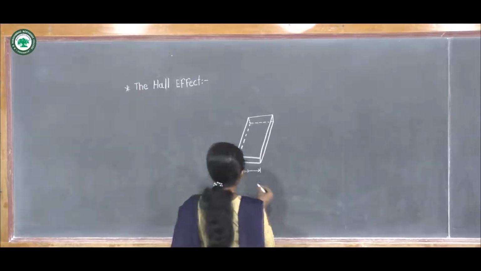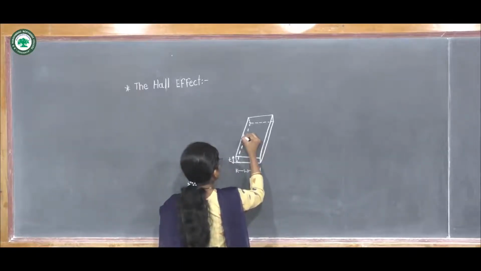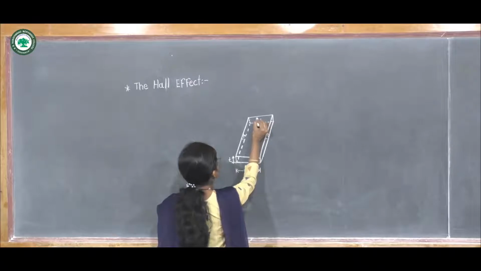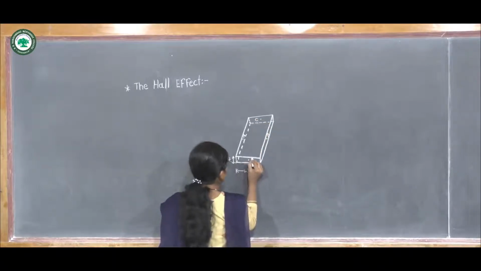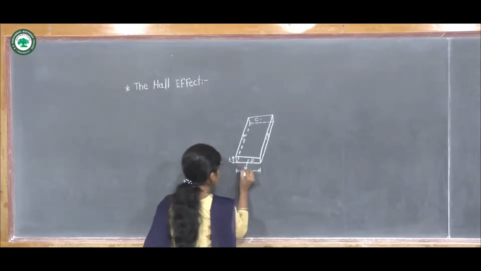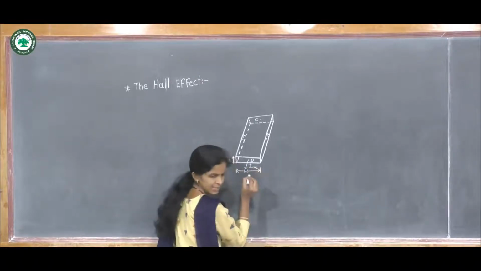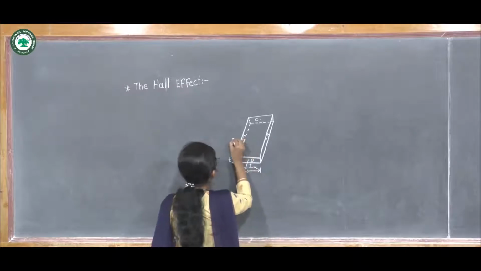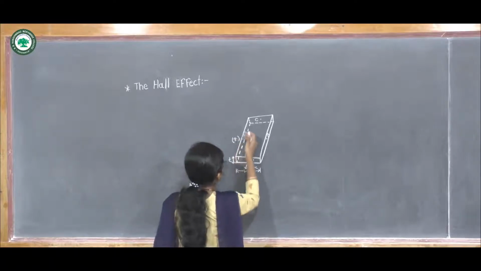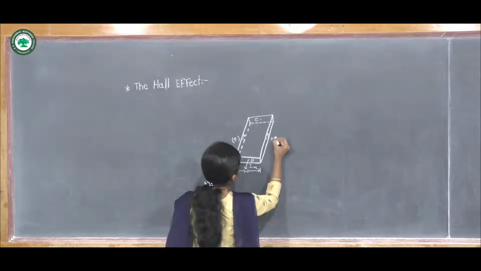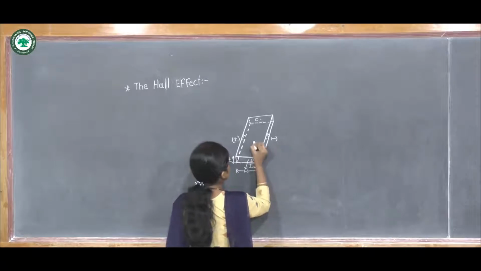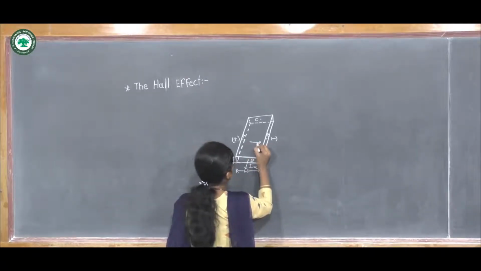Let's consider the points. This is point A, this is point B, this is point C, and this is point D. And this will be the direction of current I_x, and positive potential is developed at this plate and negative potential is developed at this plate, due to which there is formation of electric field in this direction, that is in positive Y direction.